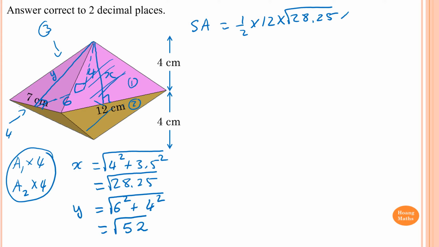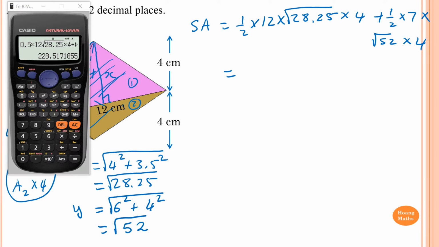And do not forget to times 4, because 4 sides are the same. And then I add this side here, which is a half times the base, which is 7, times, I run out of space, I just write in here, the square root of 52, because y is the square root of 52, and then you times by 4, because 4 sides. So that's what I get.